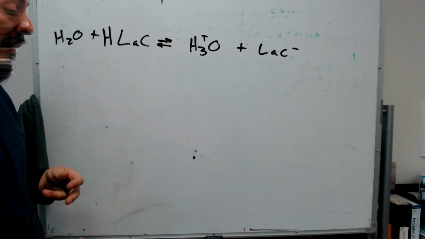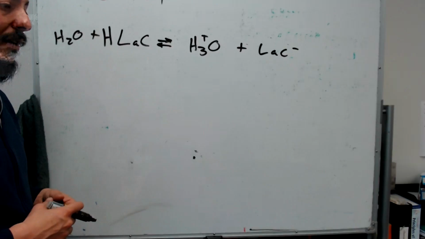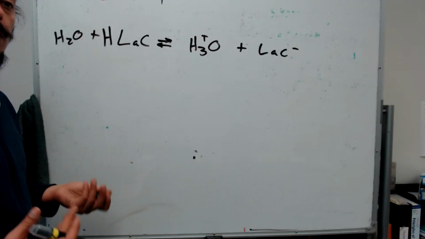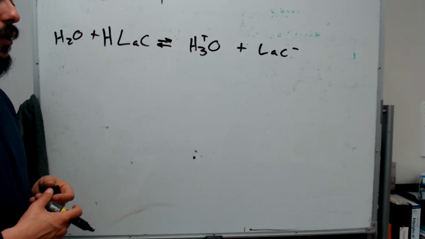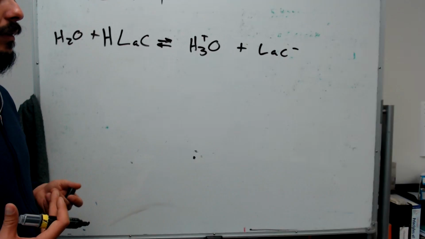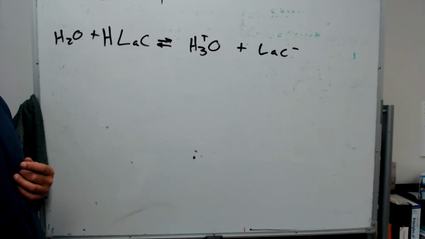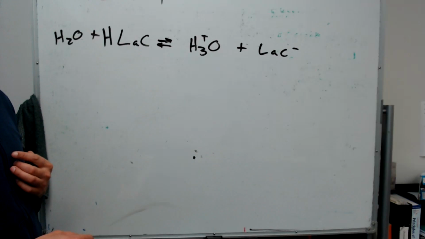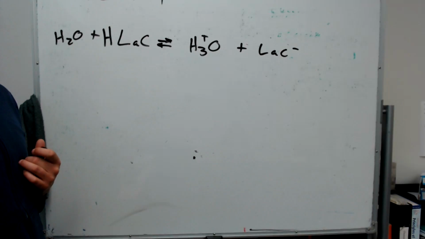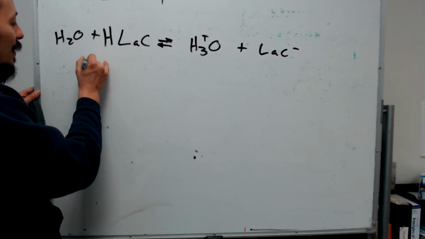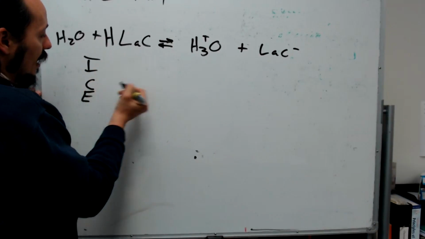We're looking at a Ka or a pH, usually looking for one of the two, which means we're always going to be looking at concentration, because we'll always be doing an ice table. So we'll set up an ice table.